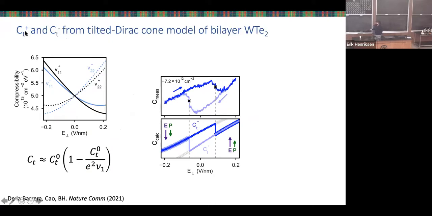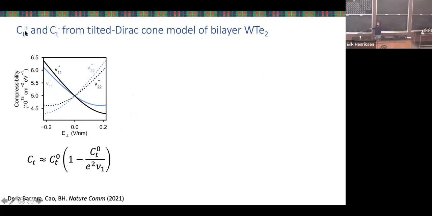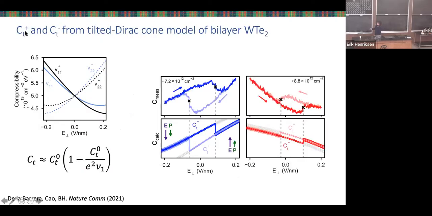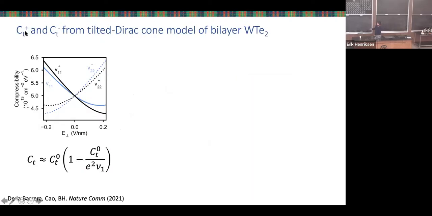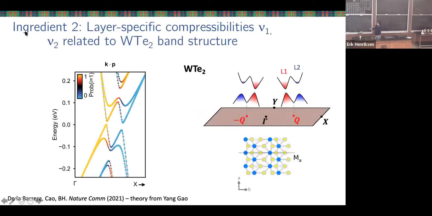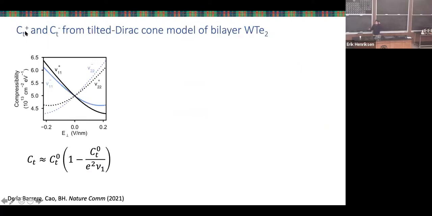So basically, we can take this so-called tilted Dirac cone model of bilayer WTe2. Sorry that this is very slow; I don't know why the slides don't catch up with me. We can take this model, which is just a phenomenological k·p model, and derive basically all of the quantities that we need to make a theoretical prediction of what the capacitance is going to be.